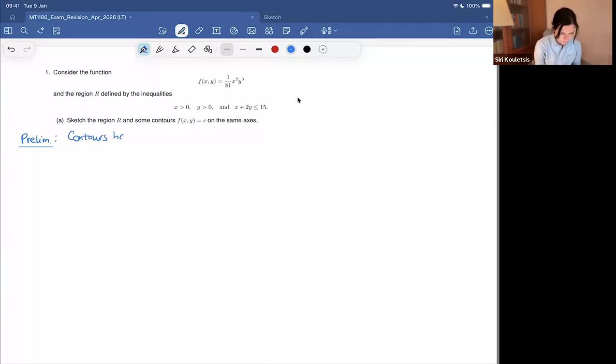So as it says in the question, we know that contours have equation f of x and y equals c. And x is greater than 0 and y is greater than 0 as given in the question here. So c is greater than 0.